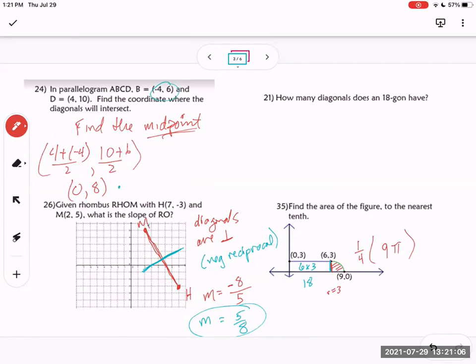So the area of that entire figure is going to be 18 plus 9/4 pi. Now they want it to the nearest 10th, so you can plug this into your calculator. Very carefully plug it in, I'll leave that to you, and then round it to the nearest 10th, but don't round until the very end. And you don't use 3.14 unless they tell you to.